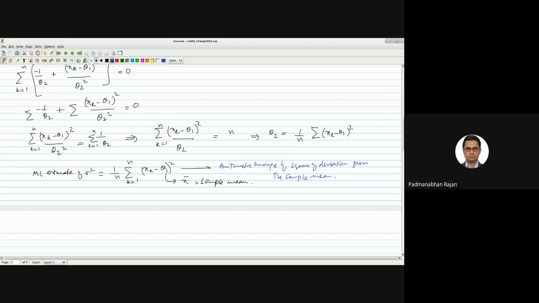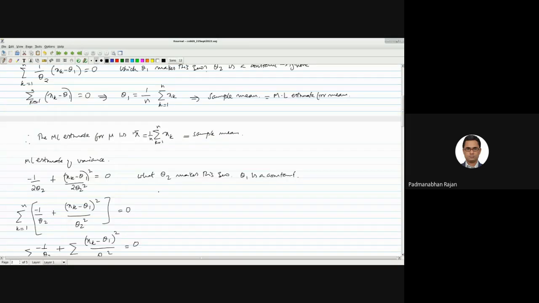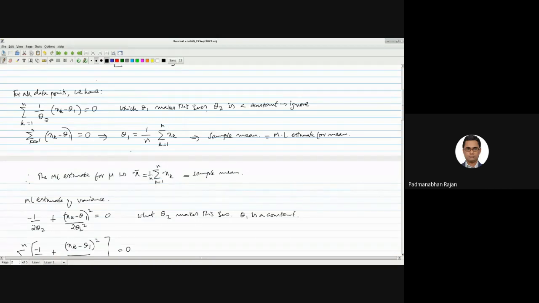Okay, so these are the two estimates which will be useful to us. This is the ML estimate of variance, and this is the ML estimate of mean.